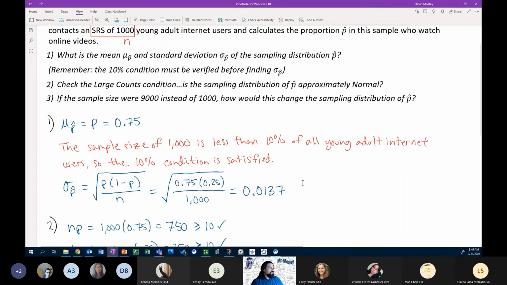Last question, if the sample size were 9,000 instead of 1,000, how would this change the sampling distribution of p hat?